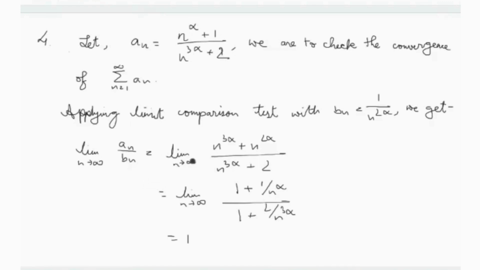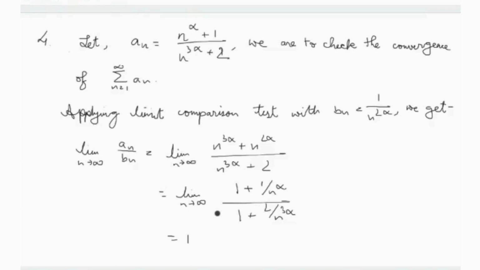Exactly, it's a technique: when the powers are like this, you choose something such that the leading powers in the numerator and denominator are equal. For example, if you had chosen n to the power 3 alpha here, you couldn't have concluded anything because the numerator would have gone to a higher power, the limit wouldn't have been finite.